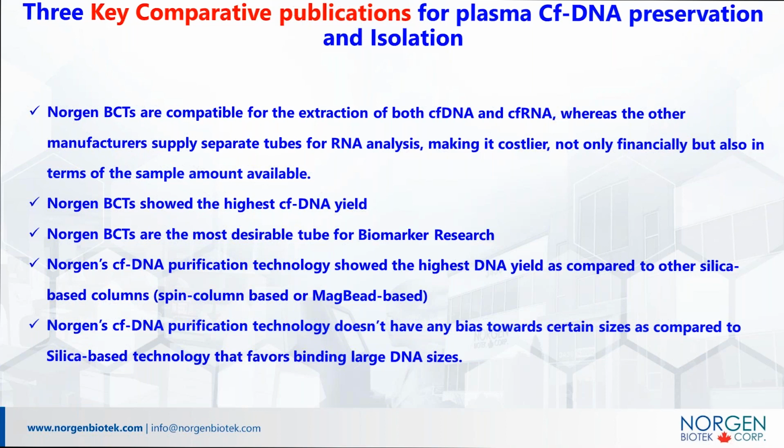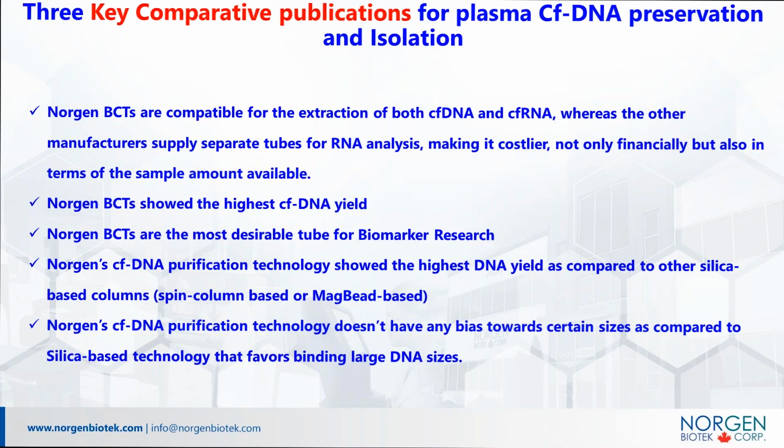Norgen tubes are the most desirable tubes for biomarker research. And Norgen purification technology, which is based on silicon carbide, showed the highest DNA yield as compared to other silica-based columns, being spin or magnetic beads-based. And Norgen cell-free DNA purification technology doesn't have any bias towards certain sizes, as compared to silica-based technology that favors binding large DNA sizes.